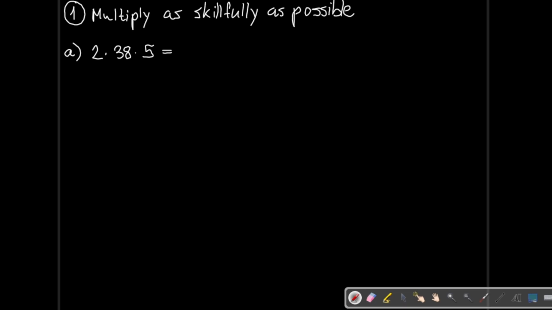So obviously we could start by multiplying, we still have to multiply 76 by 5.